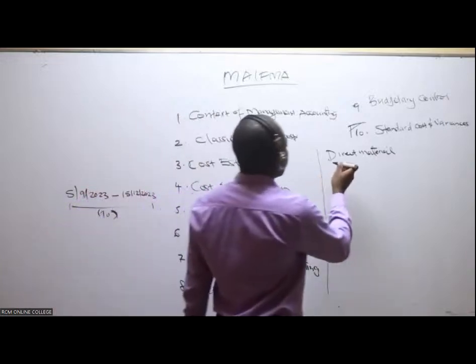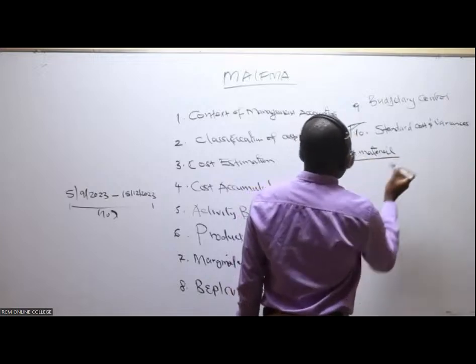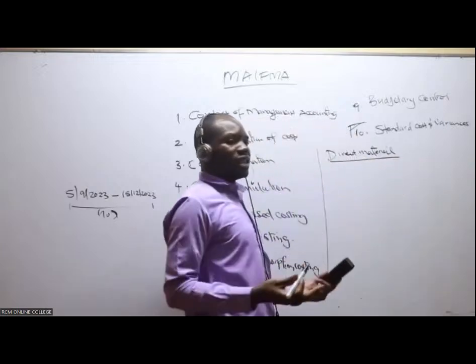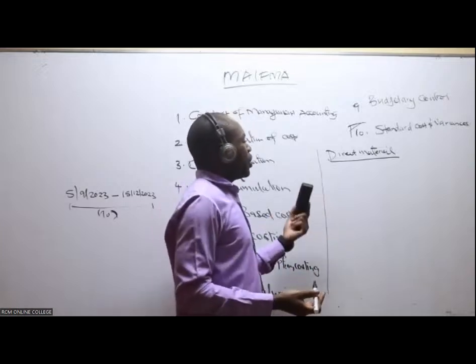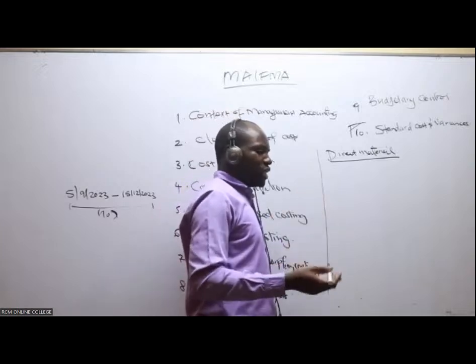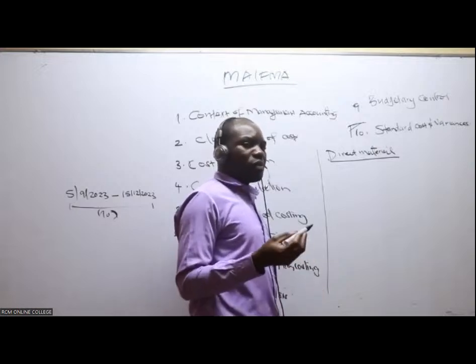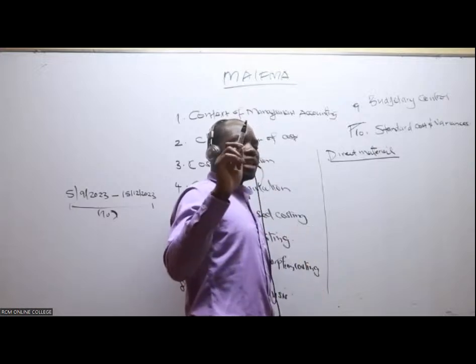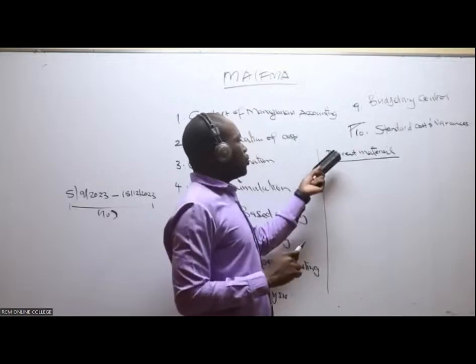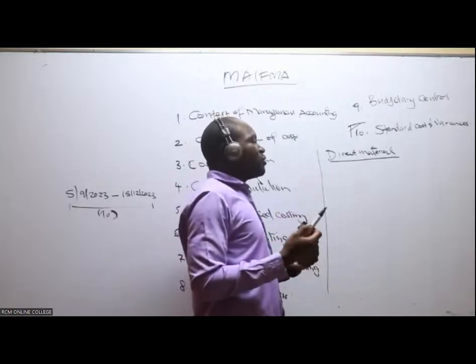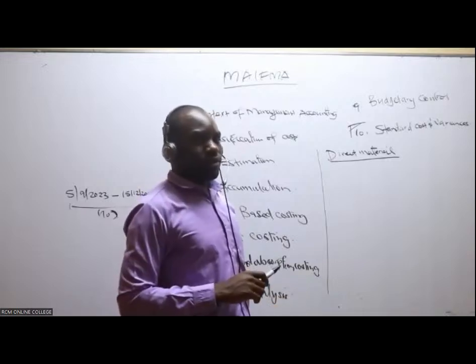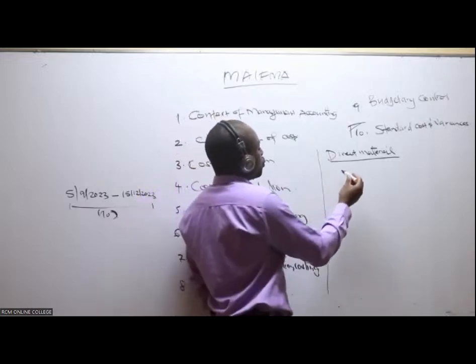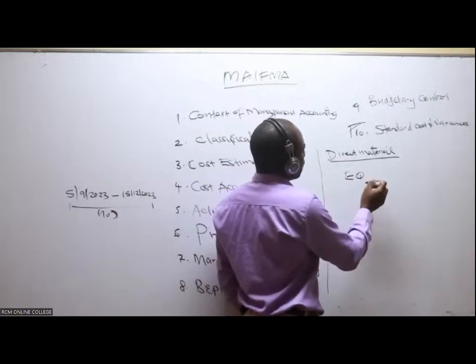Under direct material cost, I'm going to buy raw materials here. And the raw materials that I'm going to buy, I need to understand at what quantity I should buy them so that I don't incur a lot of cost when I'm going to store them, or I don't miss business because I have insufficient stock. So we are going to do what we call economic order quantity.